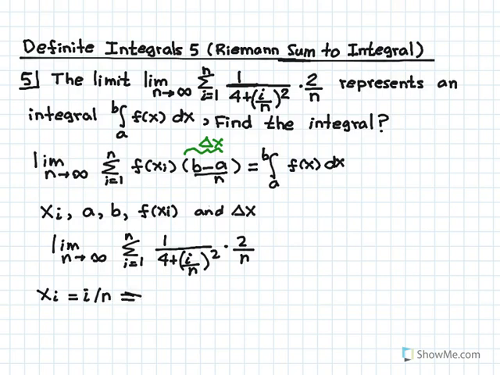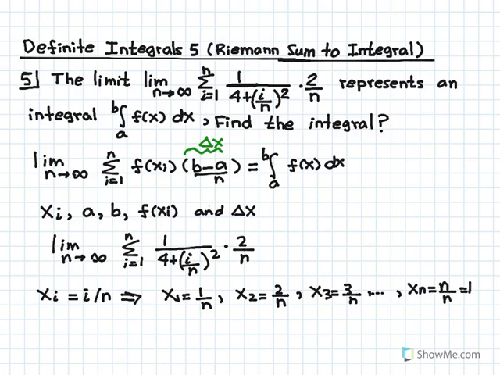So if we plug in i equals 1, we get x1. That's 1 over n. If you put i equals 2, that gives us x2. It's 2 over n. i equals 3 gives us x3, that's 3 over n. And i equals n gives us xn, the last x value, which is really b. n over n equals 1, that's equal to b.